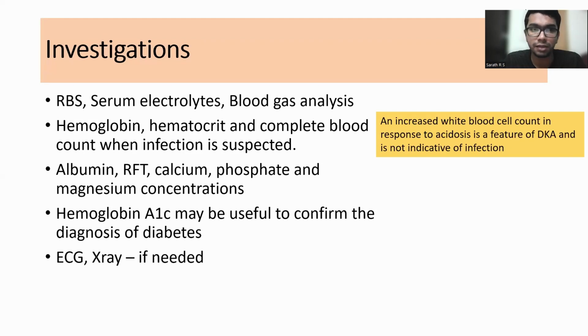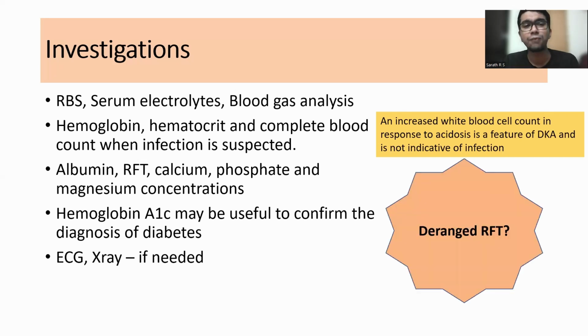X-rays are indicated if you suspect a focus of infection in the lungs, or you suspect pulmonary edema due to overzealous fluid administration. And you may face a situation where you get a deranged RFT. There is an increase in the levels of serum creatinine and serum urea.